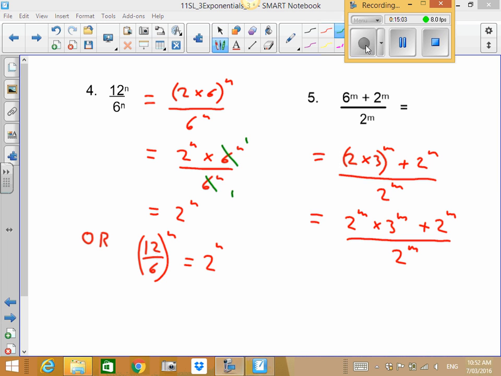In the numerator, 2 to the power of n is a common factor. So I can take that outside the brackets and write 2 to the power of n. In the first term, I'm left with 3 to the power of n.